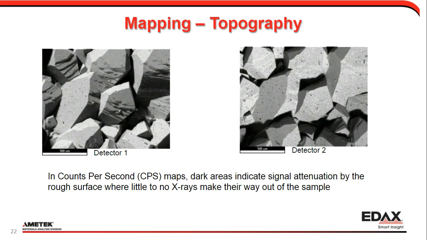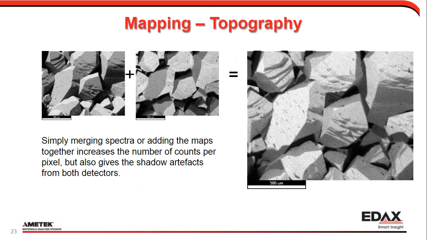There's a couple of tricks we can do. What I did before was merging the maps, so adding the spectra together on a pixel by pixel basis. For topography, that's not necessarily the way to go. If you look at this feature here in detector 1, the left-hand side one, you can see that's dark because it's facing away from the detector, whereas for detector 2, the right-hand side one, it's bright.